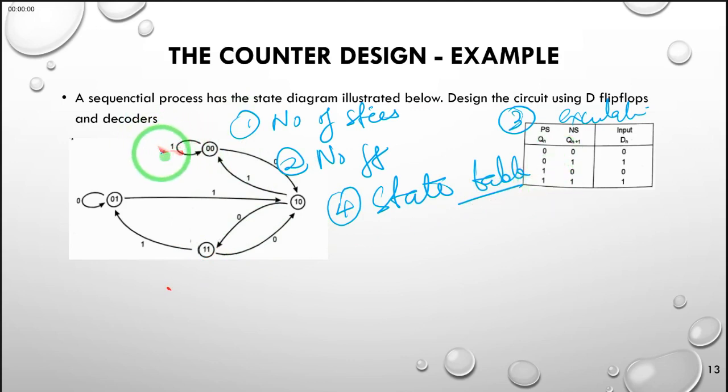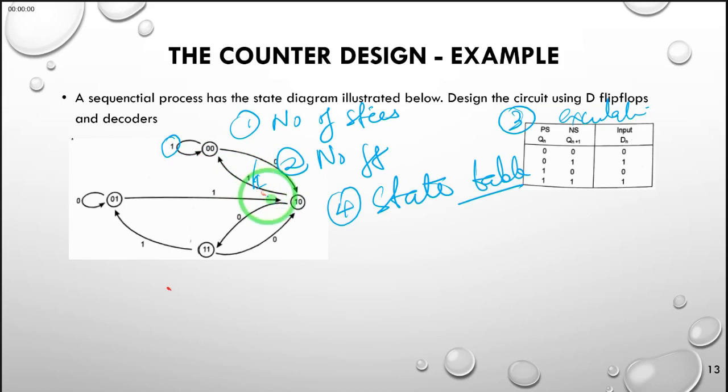Whenever we see a number accompanying the transition arrow, we know that to be the required external input. If we see it separated by a stroke and another number, that number represents the output that follows that sequential transition.